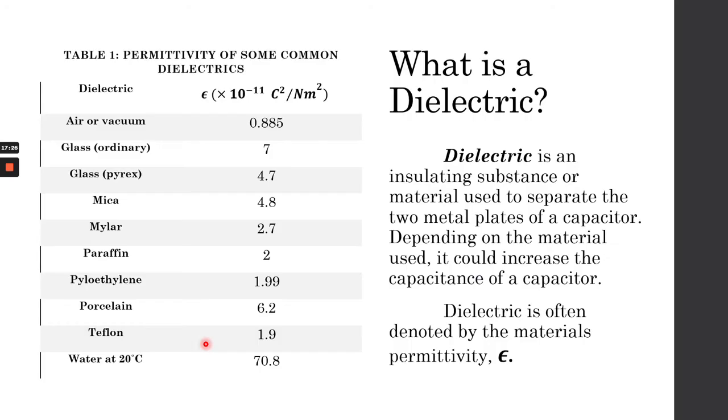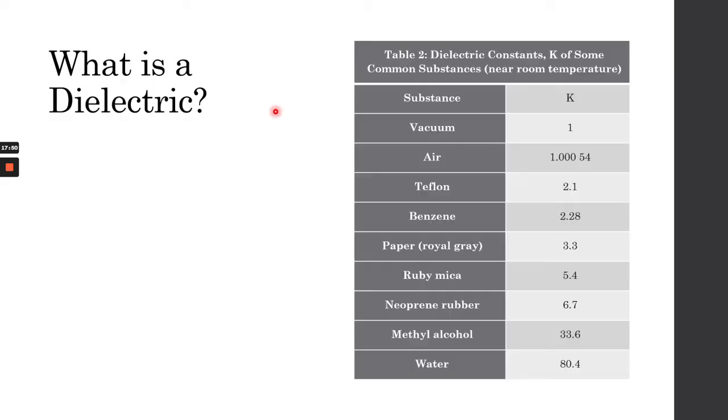So for example, I want to measure glass. What is the K, or dielectric constant, of glass? I know that the permittivity is 7 times 10 raised to negative 11 coulomb squared per newton meters. In order for me to get the K, I just need to divide this number by this number. So that's how I get K.